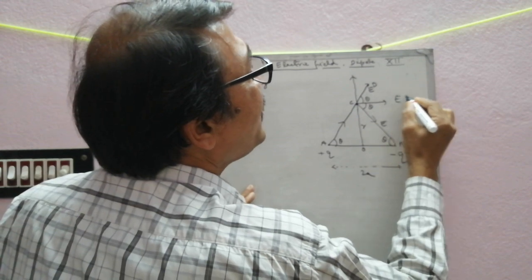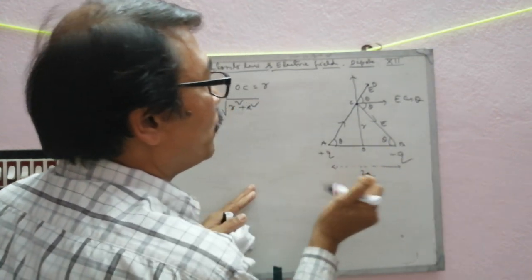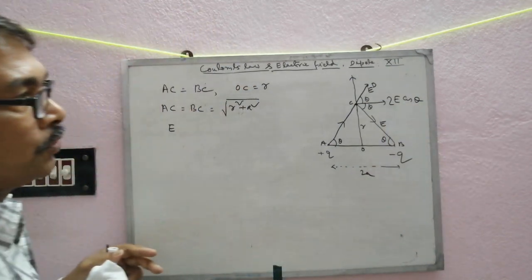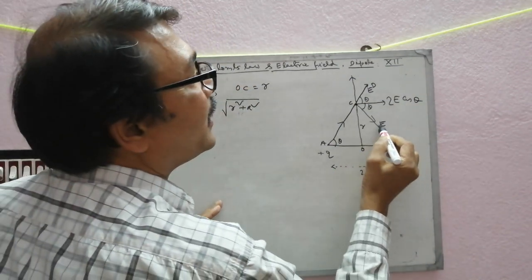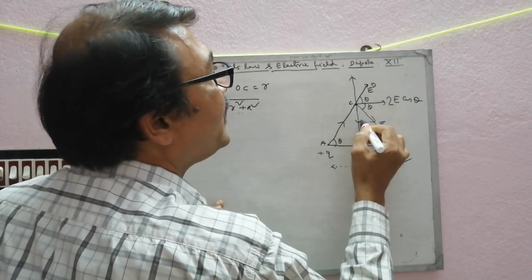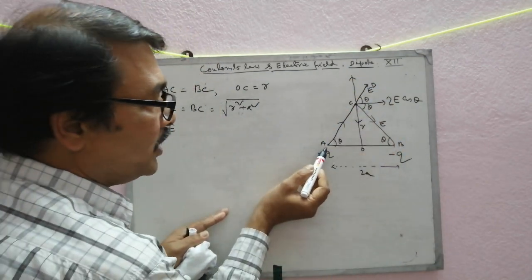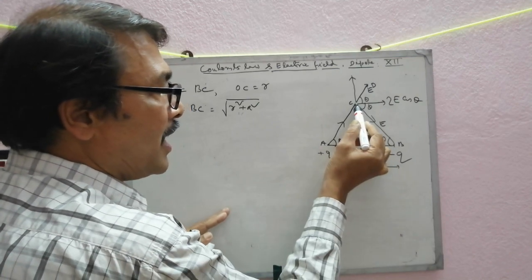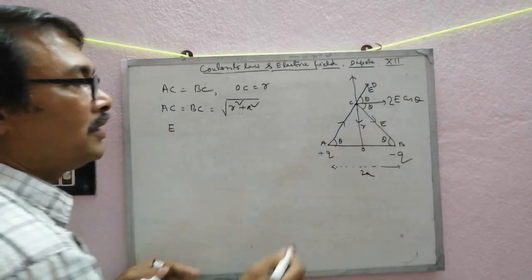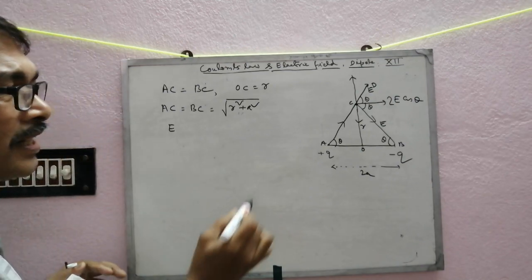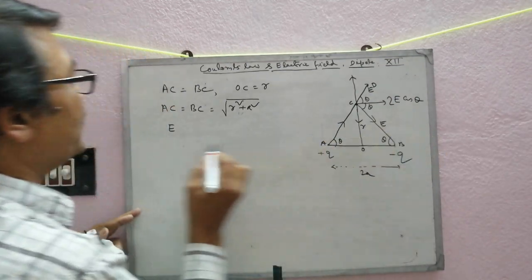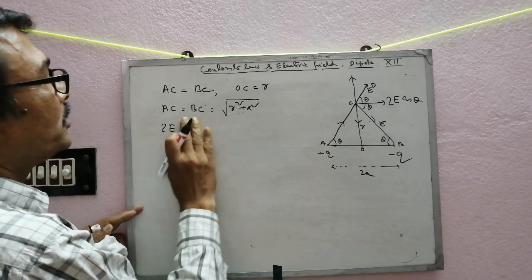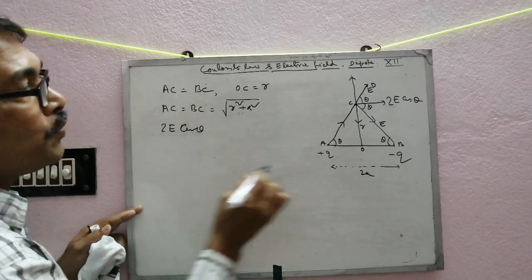So in this direction is E cos theta, and for both fields we get 2E cos theta. And E sin theta in this direction and E sin theta in that direction. Due to this charge the field E sin theta is upward, and due to this charge E sin theta is downward, so the E sin theta components cancel each other. So the total electric field at C is 2E cos theta according to the figure.